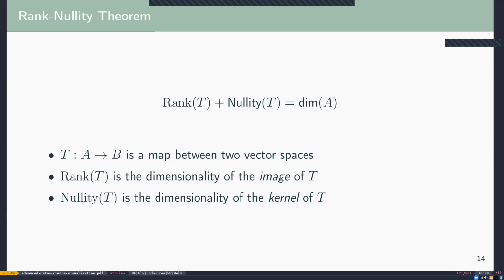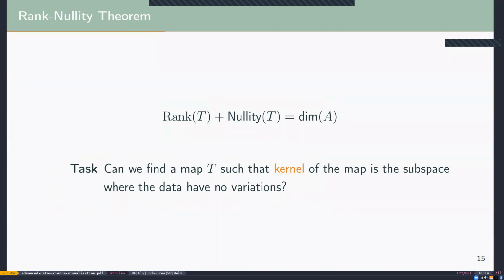So that's, if I take a map, this is all the possible output values that I can get from this map, plus the nullity, which is all the values that map to the same value, so the null space of this.